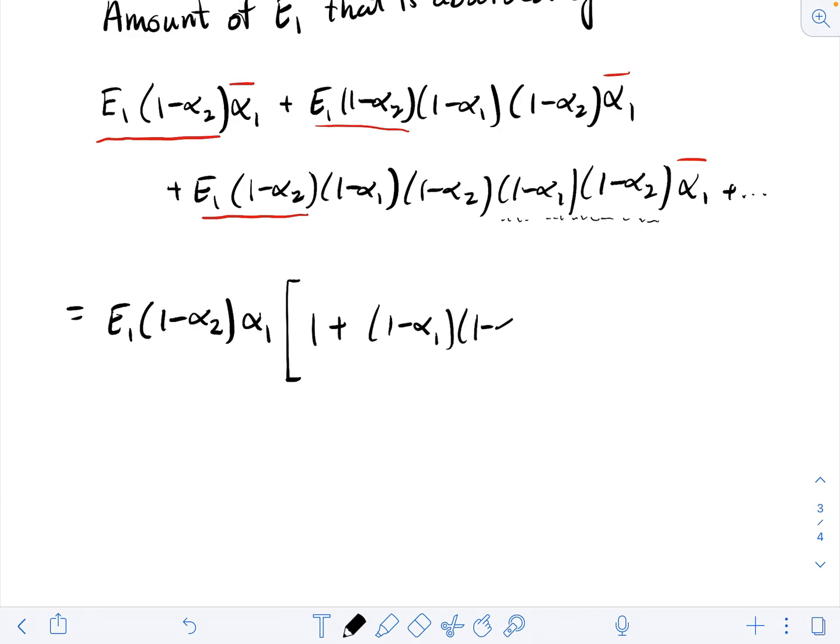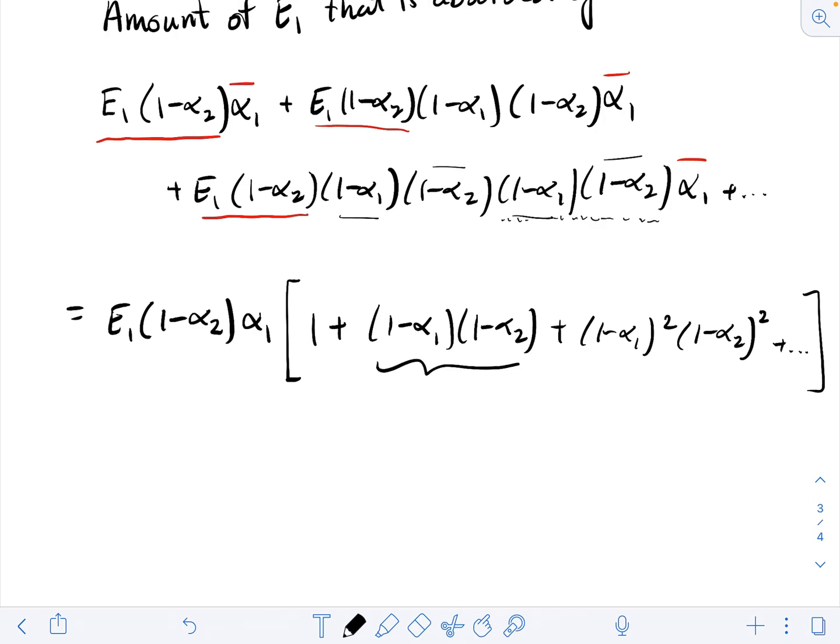And then we have 1 plus 1 minus alpha 1 times 1 minus alpha 2, plus, over here we have 1 minus alpha 1 and 1 minus alpha 1, so we get 1 minus alpha 1 squared, and then we have 1 minus alpha 2 and 1 minus alpha 2, so we get 1 minus alpha 2 squared, plus, and so on. Right, there would be a 1 minus alpha 1 cubed times 1 minus alpha 2 cubed, and then the fourth power and fifth power, and so on.